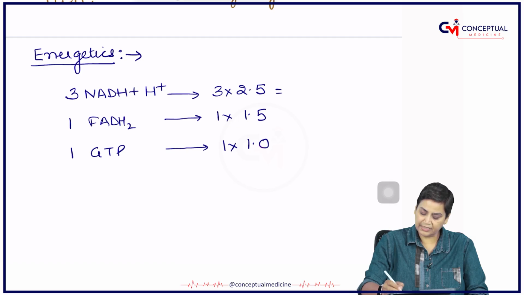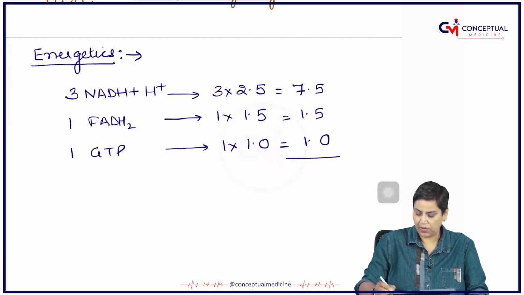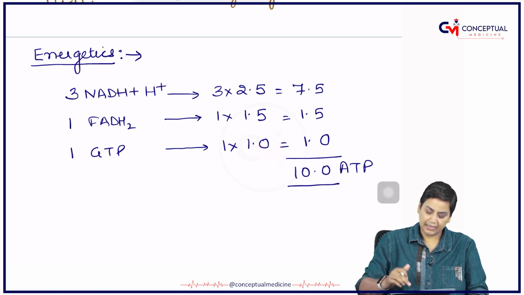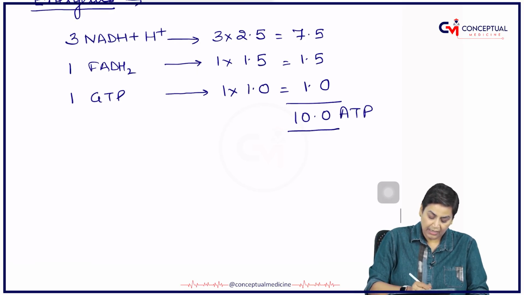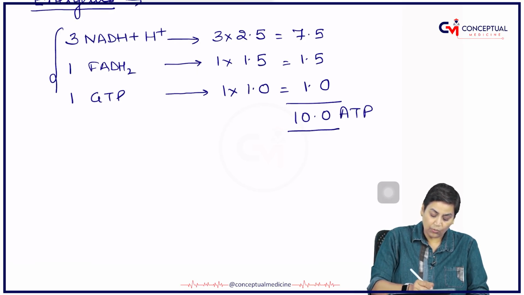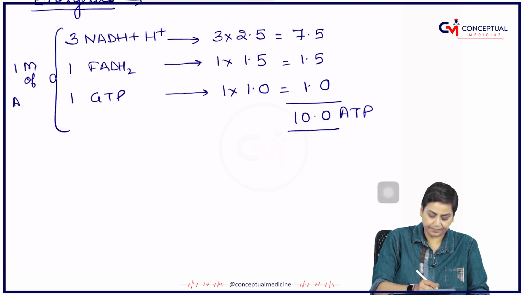So if we count this, it comes out to be 7.5, 1.5 and 1.0, which is 10.0 ATP, and that is what it is all about. So this is from one molecule of acetyl coenzyme A.